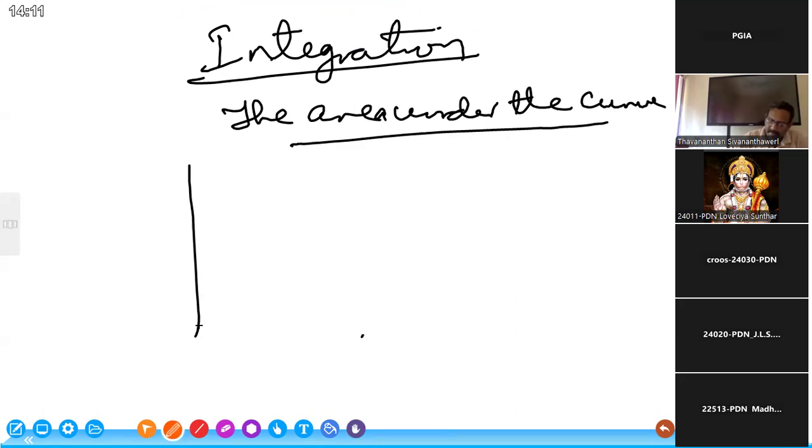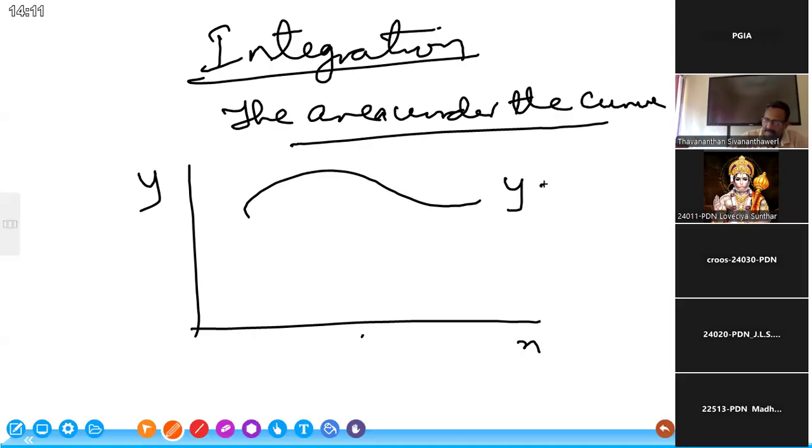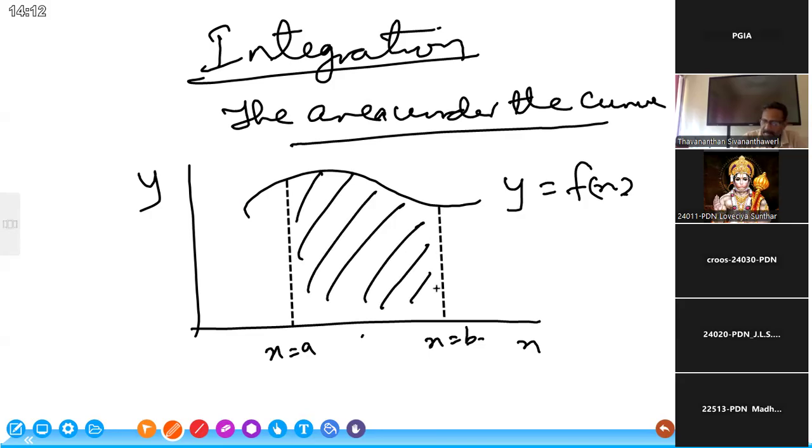So if you have an x and y axis, and a continuous function y with only one variable x, the area under the curve above the x-axis between two points, let's say A and B, that is x equal A and x equal B. This is the area that I am talking about.